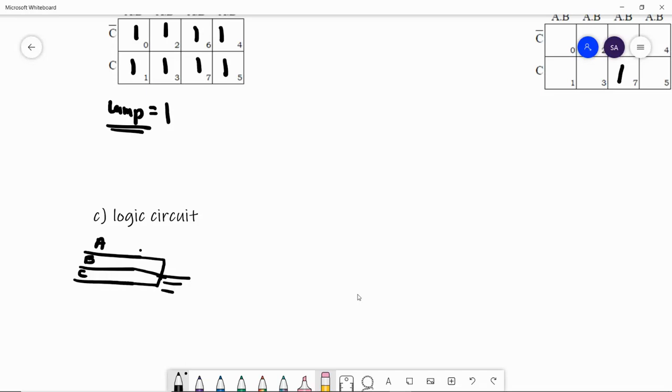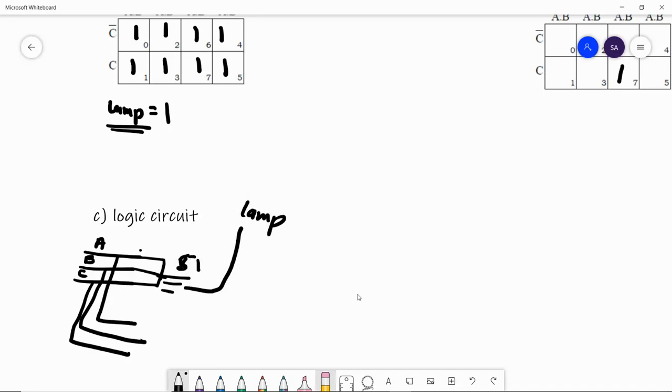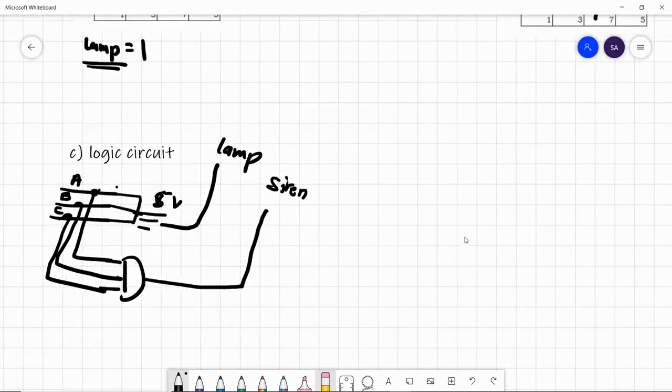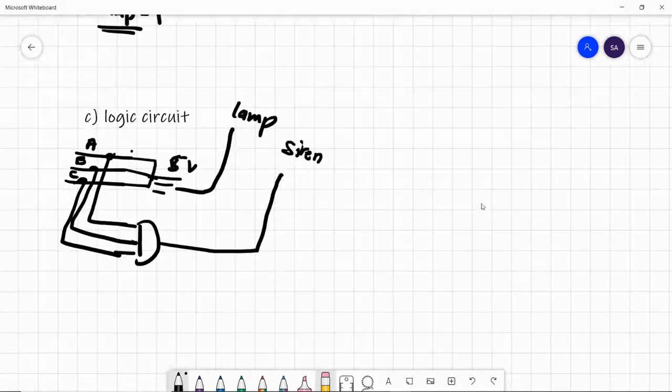And then you have A, B and C. This one counts as the lamp. It has a voltage of 5 volts. And then you AND them. So this is for your siren. It's easier. There is no gate, so it goes straight to one, meaning it will always be on. So for the siren it will be on.